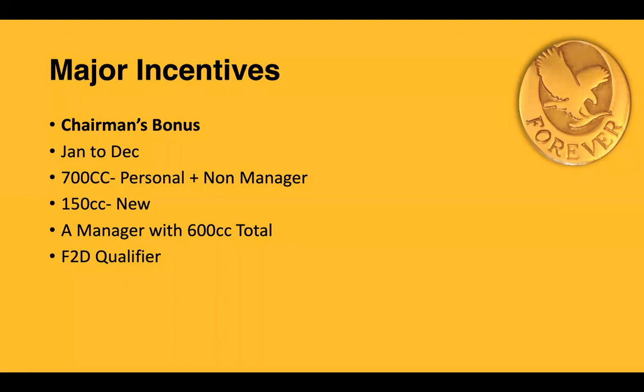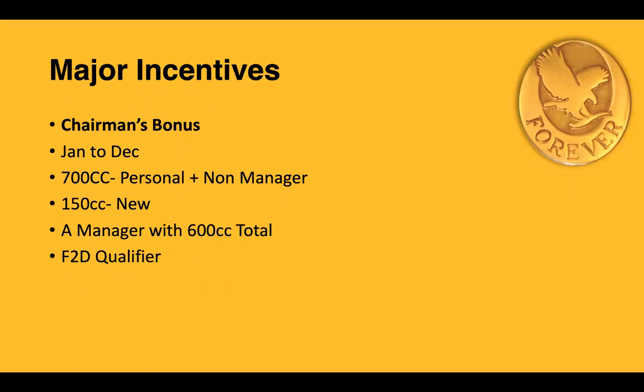Now, let me share a tip here. If you want to go for Chairman's Bonus, let's say next year, one of the most important things to do is to make sure that you create 2 managers this year. To be on the safe side, create 2 managers. If you only create 1 manager, then you'll be fully depending on 1 person.